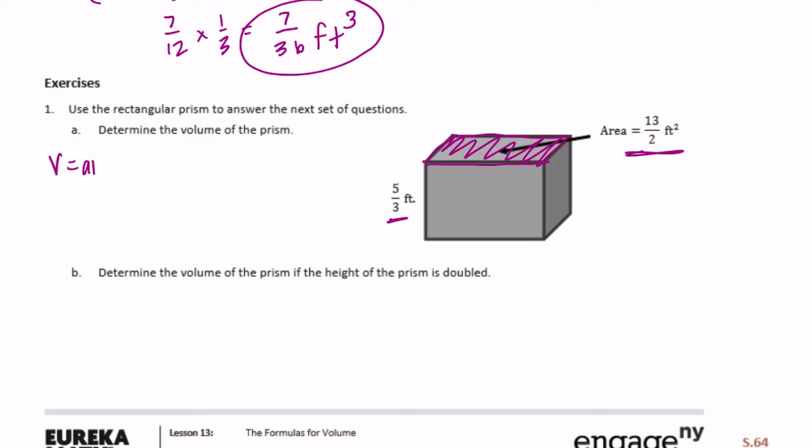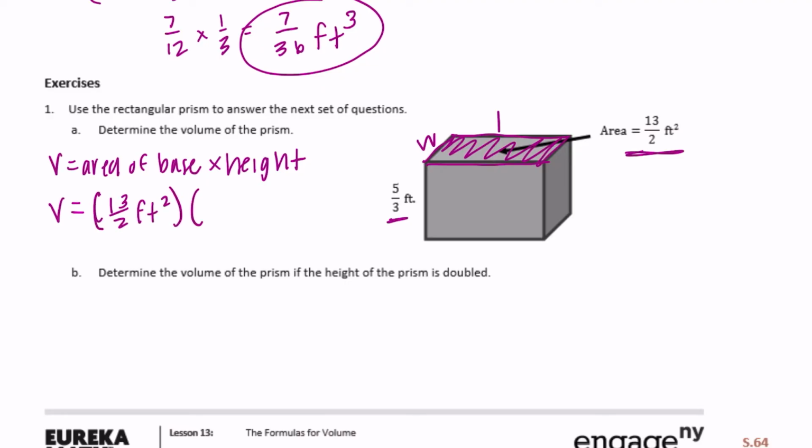Volume is equal to area of base times height. Again, because the area of the base is already length times width, they've already done that for us. Makes it easier. They took out one of the steps. That's awesome. So volume is equal to 13/2 feet squared times 5/3 feet.